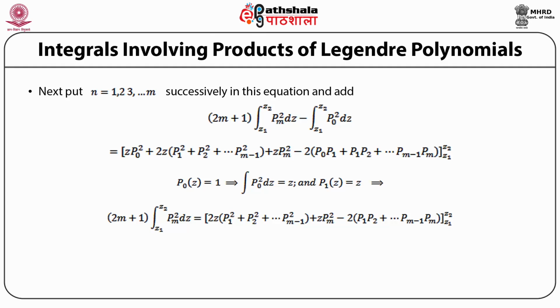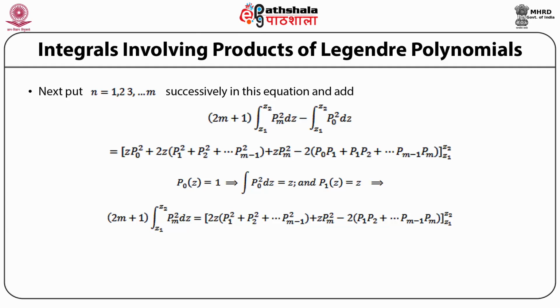The above equation becomes 2m plus 1 multiplied by the definite integral over z going from the limits z1 to z2 pm square is equal to, within the main brackets I write 2z multiplied by, within the small brackets, p1 square plus p2 square plus pm minus 1 square bracket close plus z times pm square minus 2 multiplied by, within the brackets, p1 p2 plus so on till pm minus 1 pm.